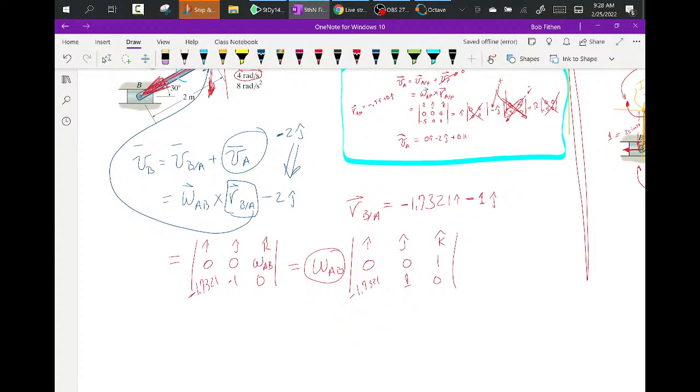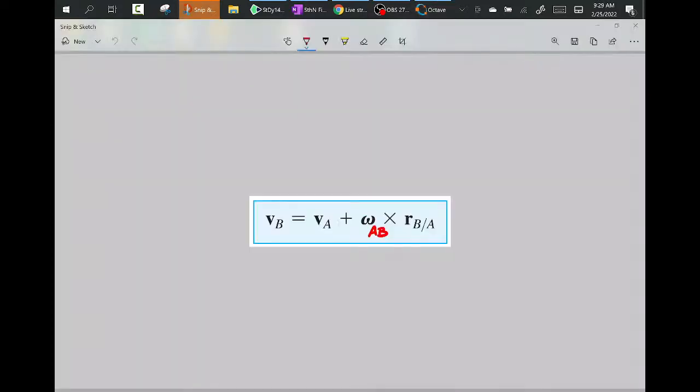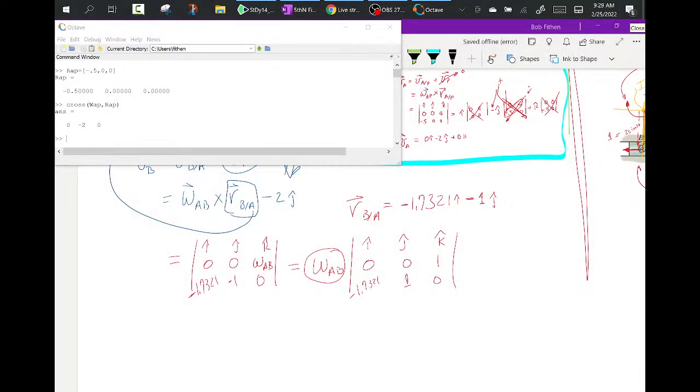So this I can go to here, which is omega AB equal to 0, 0, and 1, and R_BA equal to minus 1.7321, minus 1, and 0.